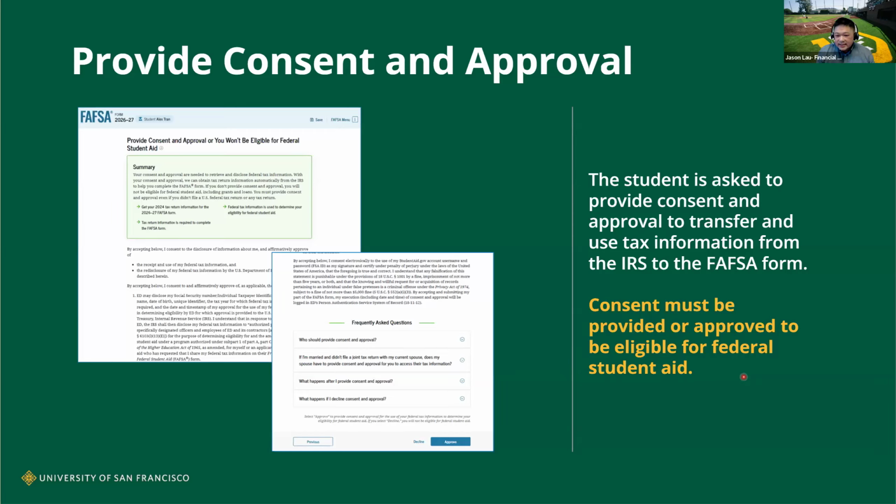And if you did not file a tax return or you did not earn enough to file one, it will still find that information through the IRS and know that you did not file a tax return or there's no tax return record on file. All students and contributors are required to accept or approve this consent to be eligible for financial aid or federal student aid. So keep that in mind.